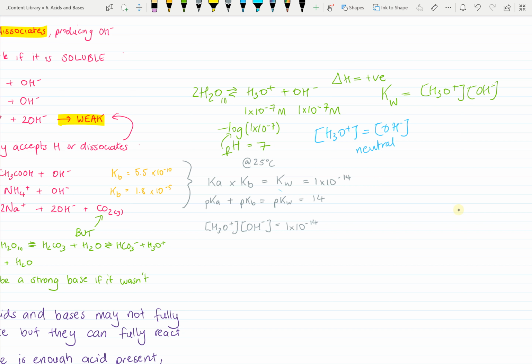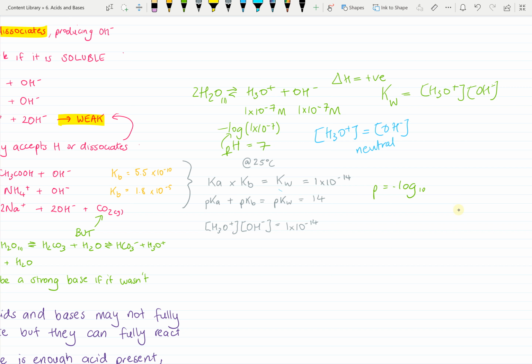You can then take the negative log of everything. P equals negative log. Negative log, technically base 10. We're not talking about natural logs. And so you can have pKa, pKb, pKw. You might notice that there's some certain log rules, when you times it, it goes into positive. The negative log of 1 times 10 to the negative 14 is 14.